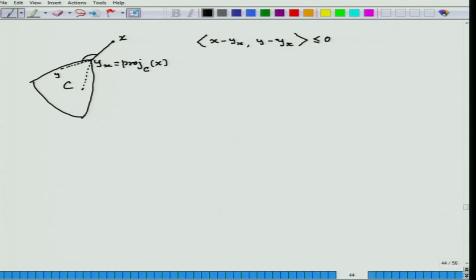Take any other y, say y dash, and you will have the same thing. But interestingly, this is a necessary and sufficient condition for the point y x to be the projection of x on C. So, let me write down a very important result.